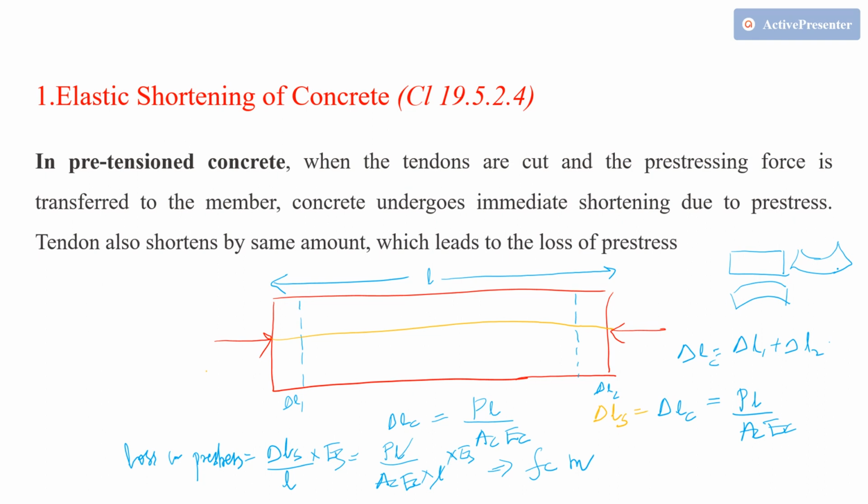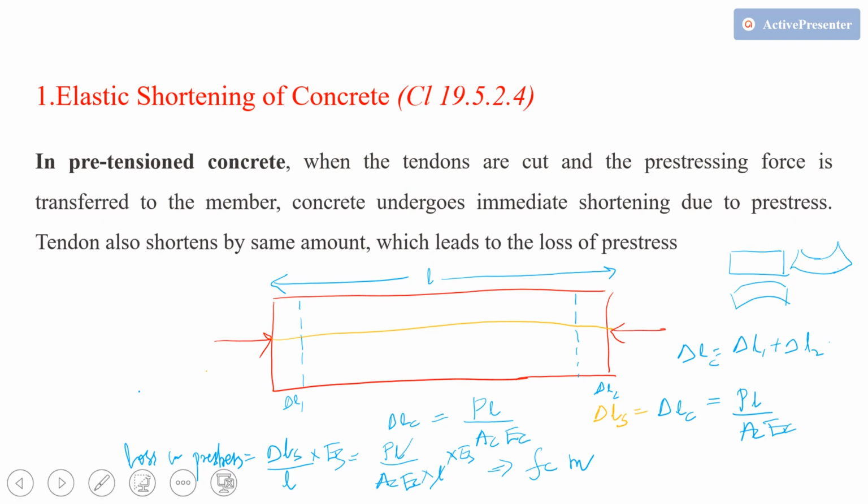So a combined effect of all that is being considered, and we will consider the average stress in concrete at the level of steel if it is a tendon with eccentricity. So for the time being, you understand the loss in pre-stress is equal to m into fc. If it is a straight tendon, it is directly the stress in concrete at the level of steel, and if it is a pre-stressing cable with eccentricity, we will consider the average stress in concrete at the level of steel.